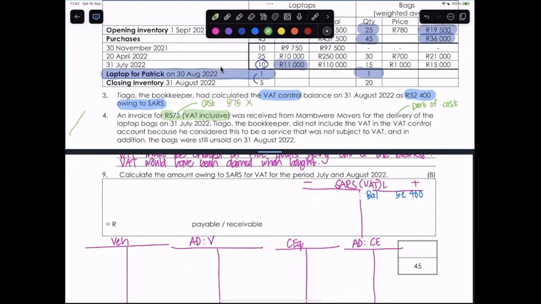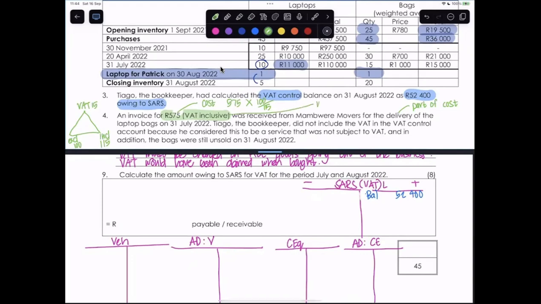And if you need to, this is where you can quickly draw your little VAT triangle. VAT is 15. It's 15% of the exclusive amount, which would then be 100, and inclusive is therefore 115. The 575 is what we've got, which is inclusive 115, and we're looking for the cost, which would be the exclusive 100.